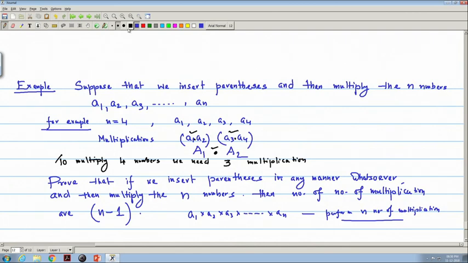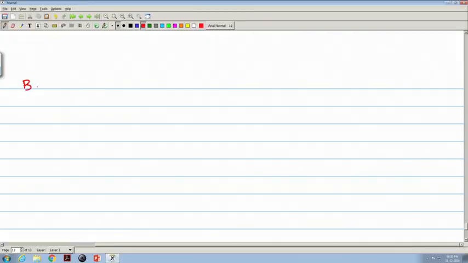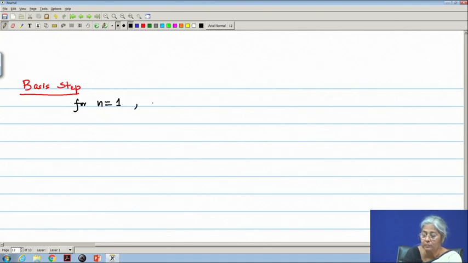Now, we see the proof. So, first is our basis step. For n equal to 1, I have only one number A1.